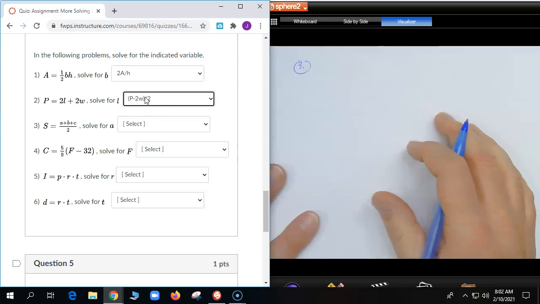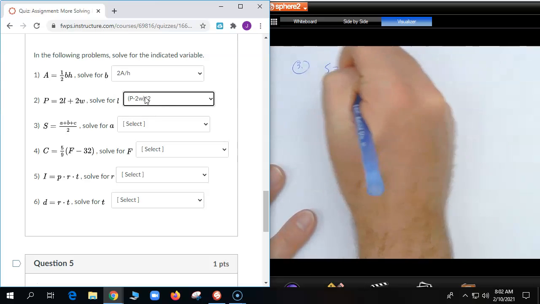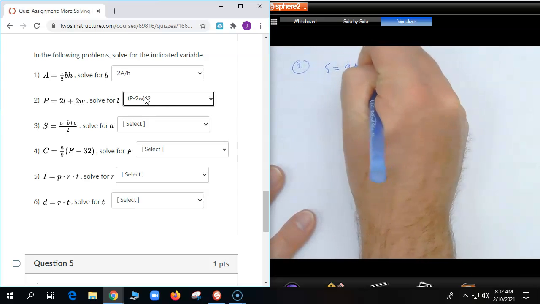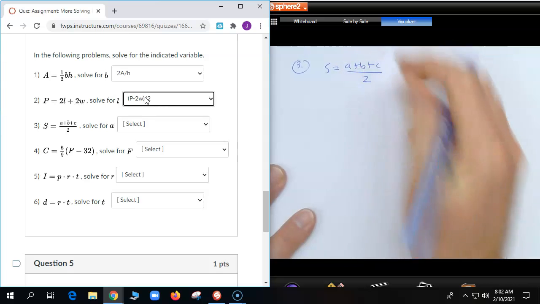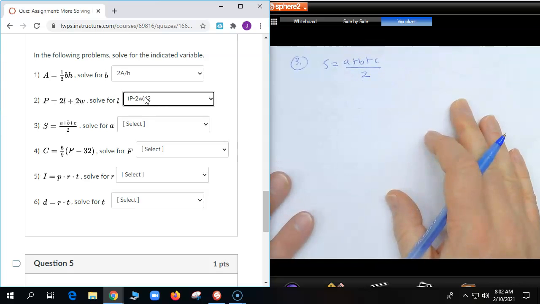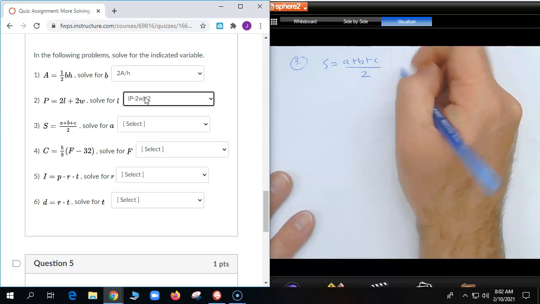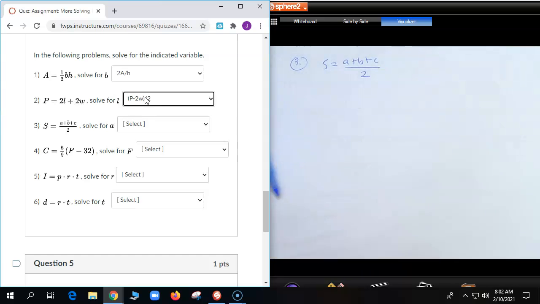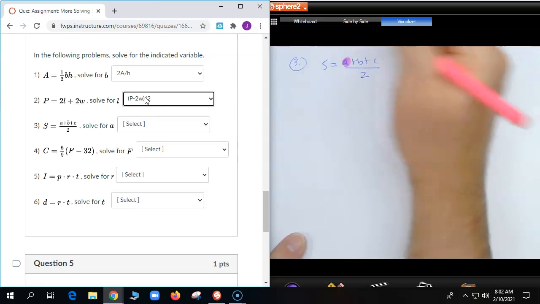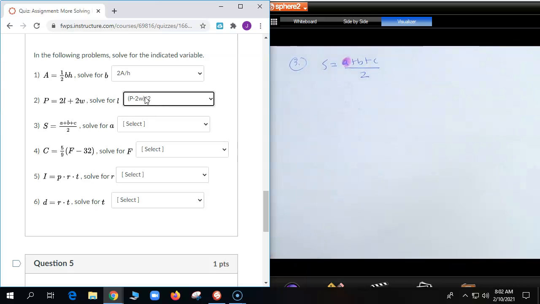For number 3, we have S equals A plus B plus C all over 2. Again, we want to solve for A. This is the letter that we want to get by itself. That means we have to unpack everything else.